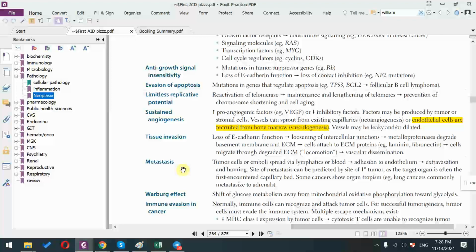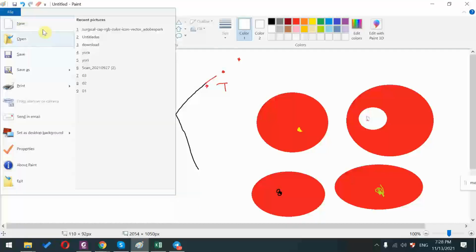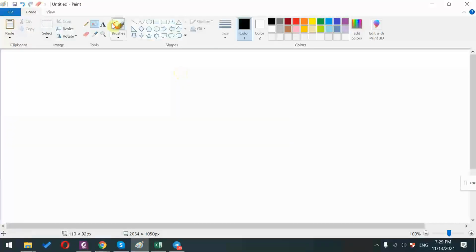Okay, so what is telomerase? If we imagine that this is our chromosome, let's just make it one strand for the sake of simplicity. Each time I do gene expression, I make an RNA from the DNA, and then I make a protein from it.